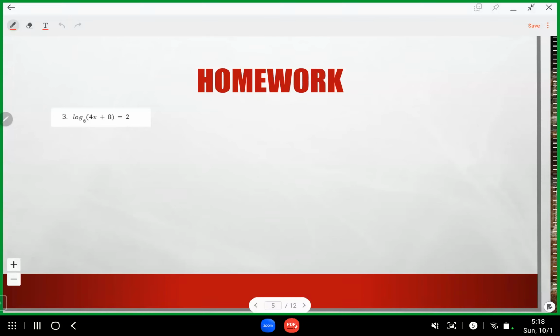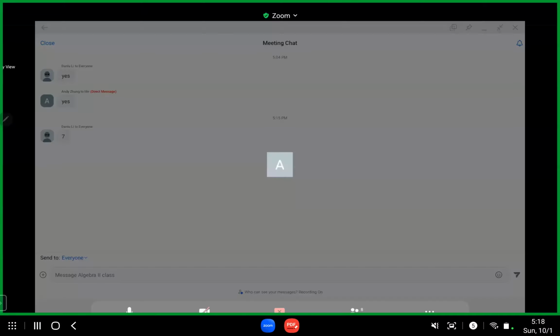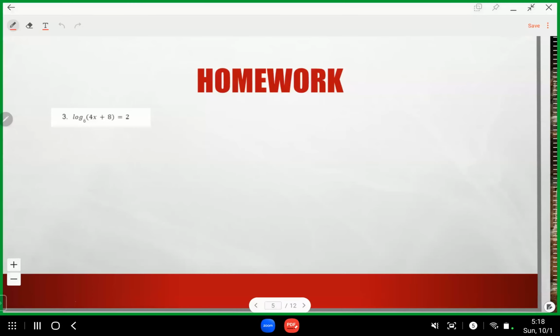Okay, so let's do this one. Let's see if that is correct. Log base 6 of 4x plus 8 is equal to 2. So how would we solve this?